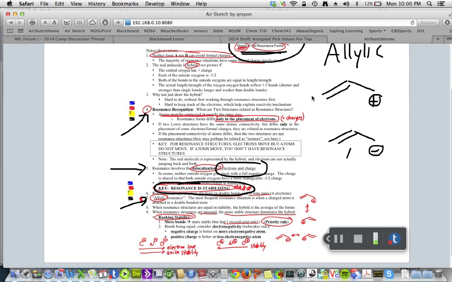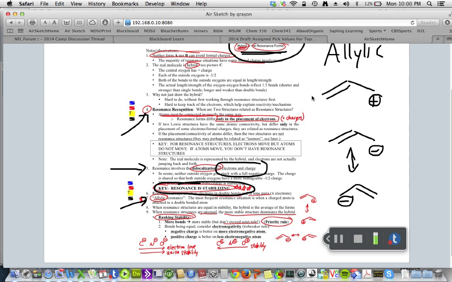And when you have these allylic type situations, you can actually redraw the same molecule by relocating the double bond in the other direction among the three and putting the charge on the other end of the three. Okay? Very, very significant situation.